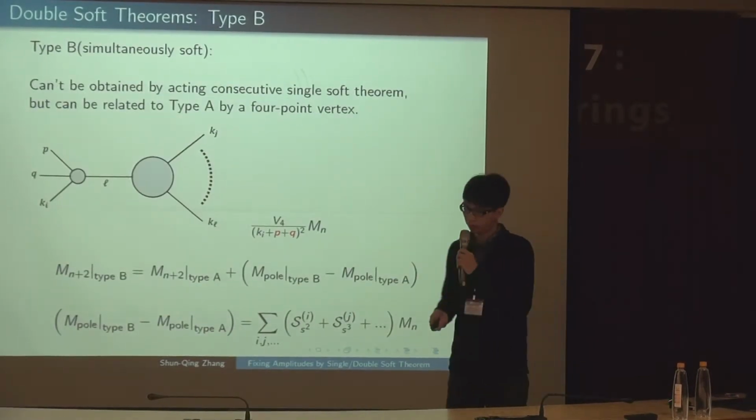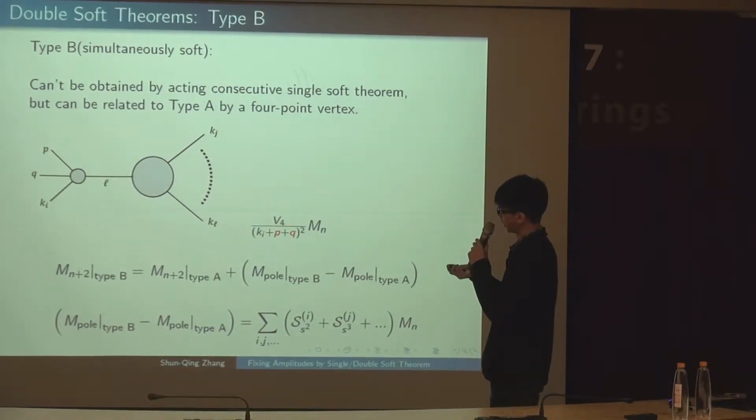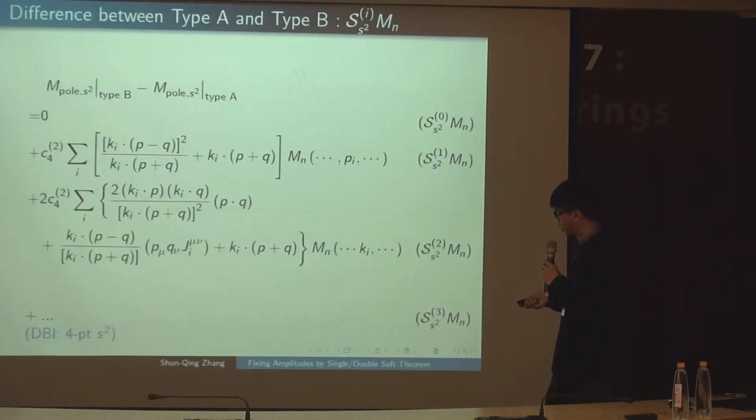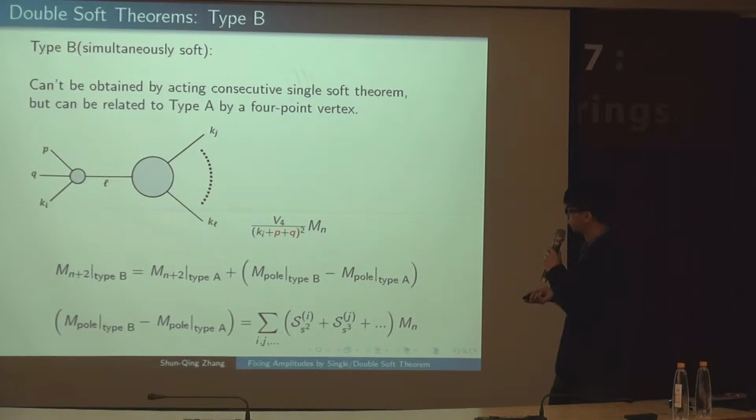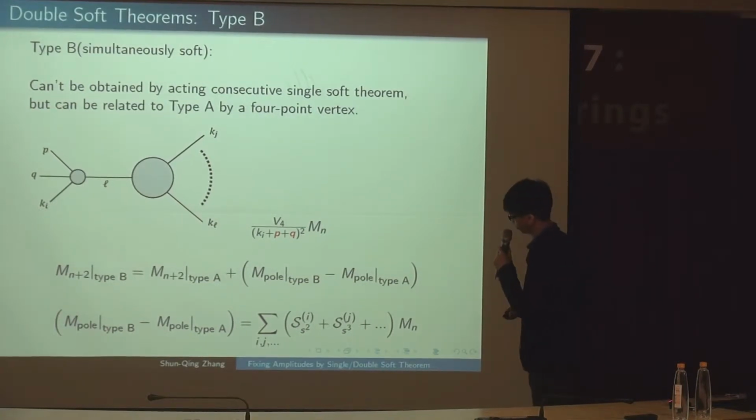And the other one is simultaneously soft, which, as I said, takes P and Q, assigns them the same tau, and performs the expansion. We actually found that these two expansions only differ by this diagram. So I can relate type A to type B by this 4-point vertex.